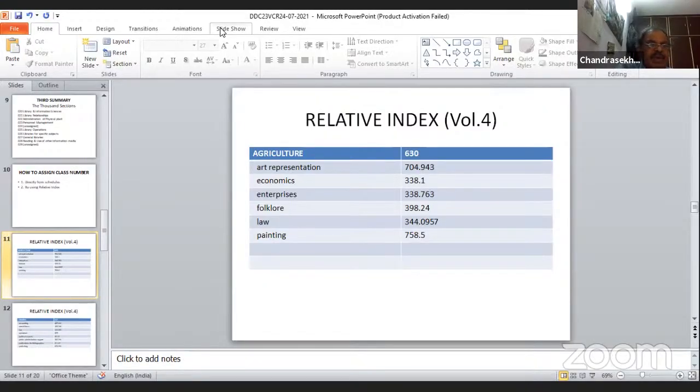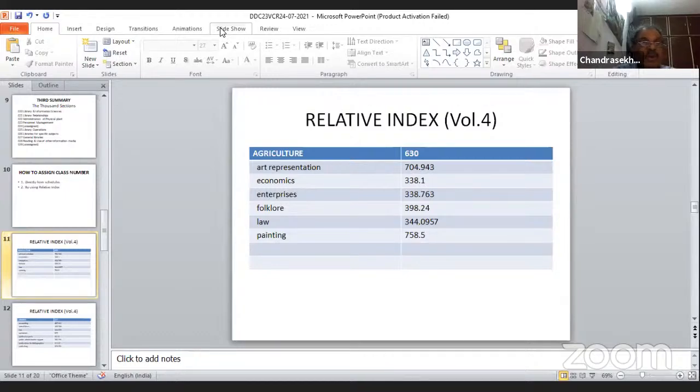The different aspects are given under this agriculture. Some relate to art representation, some to the economics of agriculture, then enterprises in agriculture, folklore in agriculture, law relating to agriculture, painting relating to agriculture. So this relative position of different subjects is listed here. That's why this is called relative index.